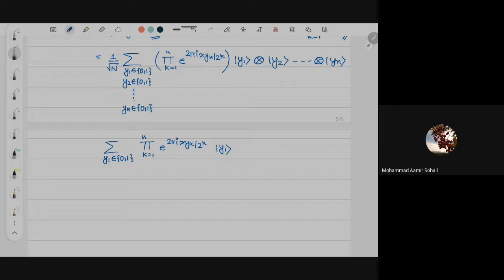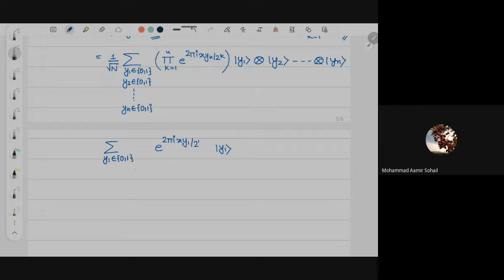Here also we'll just consider y1 for the first part. So when we have 0, we'll consider only one part. This will be e raised to 2 pi i x y1 by 2 raised to 1.